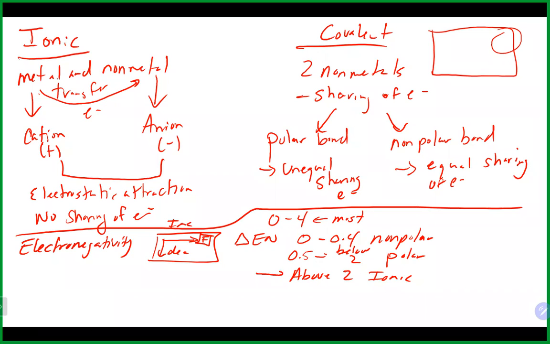Not all metals and non-metals will give you that difference of 2 or more, but one thing you do know for sure, in this class and all chemistry classes you take, is that if you have a metal and a non-metal together, it should be an ionic bond. You don't even need electronegativity values to tell you that. It's a pretty safe bet that it is ionic when you have a metal and non-metal together.